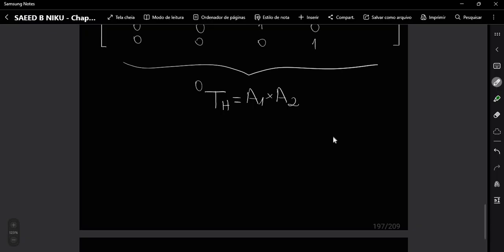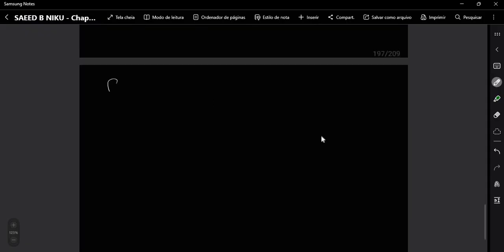Let's recall this. So if you remember, for example, cosine of 2x, we can write as the same as cosine of x plus x, and this is just algebra.